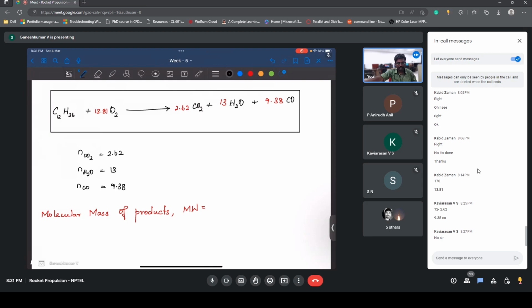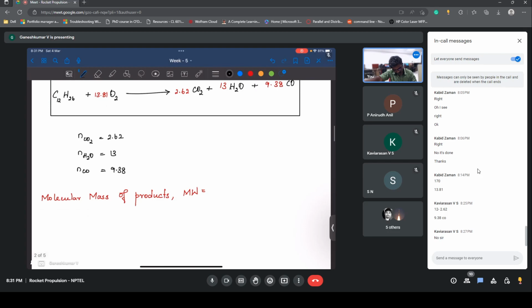For example, if you consider C12H26, how do we calculate its molecular weight? We calculated it based on the individual atomic masses, right? Similarly, if you consider this also as a single compound, you will get it. Let me write it down, whatever you said.